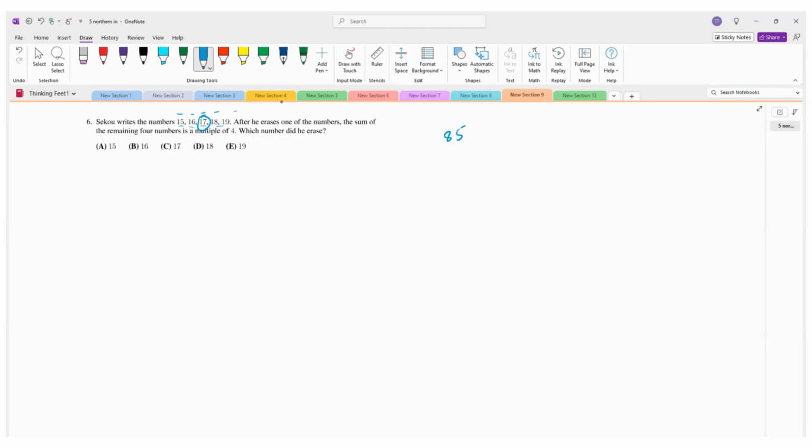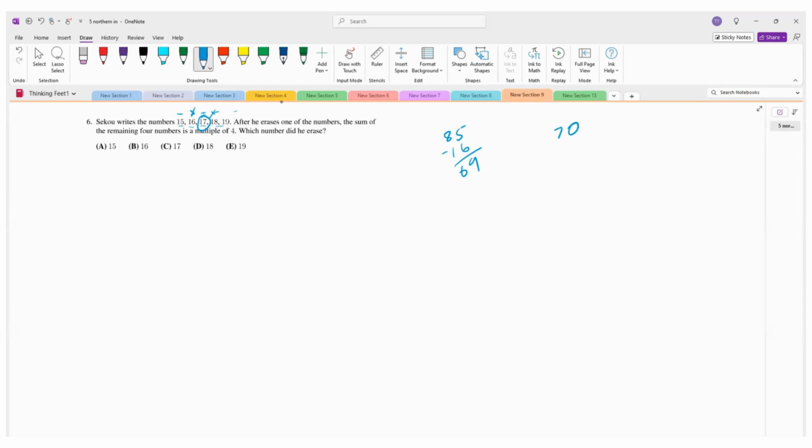We know that it cannot be an even number because that would give us an odd number. Like if I subtract 16, I get 69, and that's an odd number, which can never be a multiple of 4. So I can immediately eliminate 16 and 18. That leaves 15, 17, or 19. If I subtract 15, I get 70.